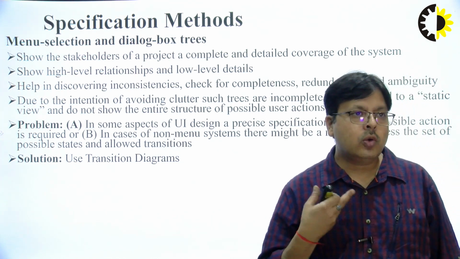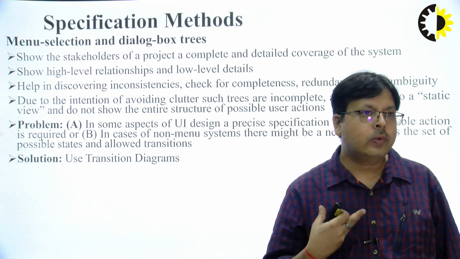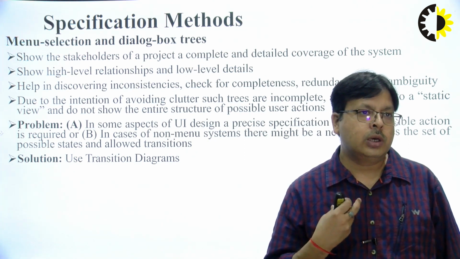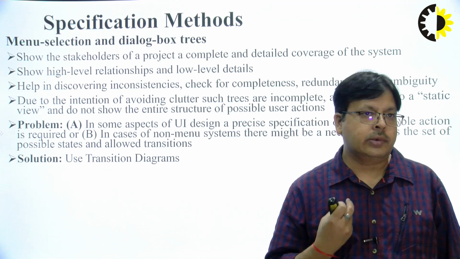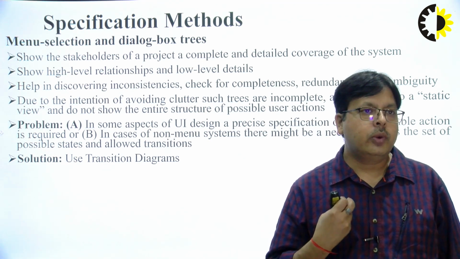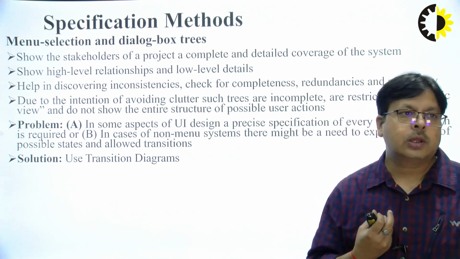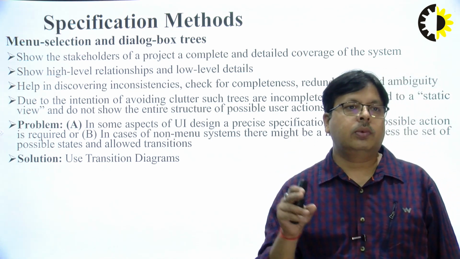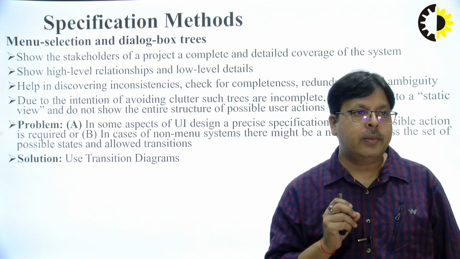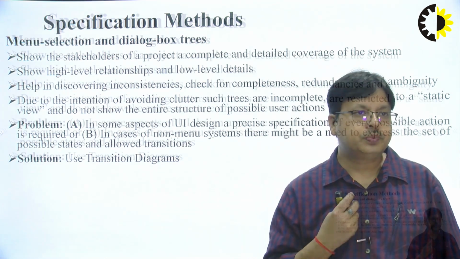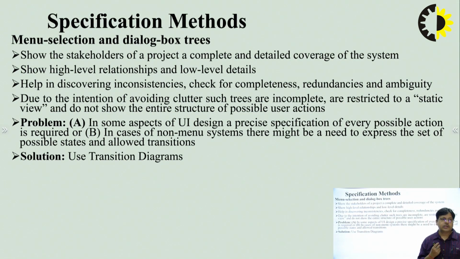So when you include more and more menus, that particular view of the menus will create clutter, and we do not show the entire structure of possible user actions in a diagram in terms of interrelated menus. So what should we do? In some aspects of UI design, a precise specification of every position is required, right?